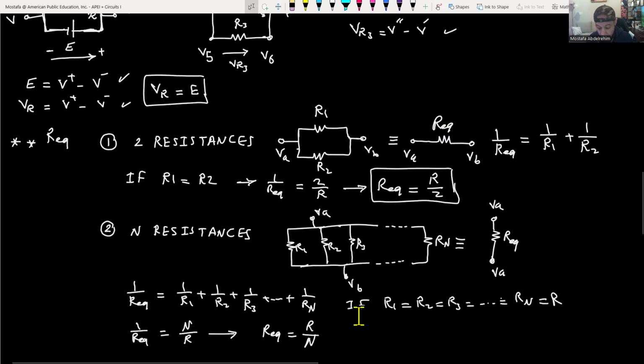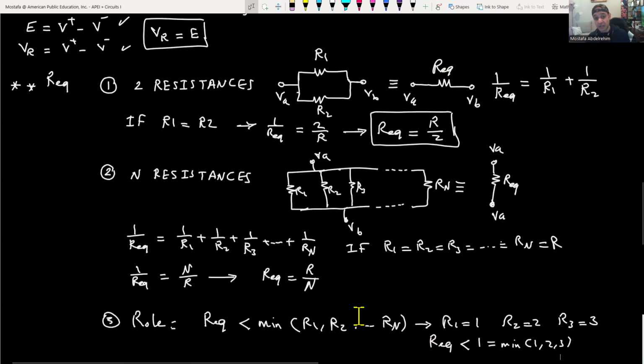And finally, for the equivalent resistance, it is not directly calculated, but you can calculate it. 1 over R equivalent is equal to 1 over R1 plus 1 over R2 until 1 over Rn, whatever the number of resistances that you have. One last point here before I conclude.